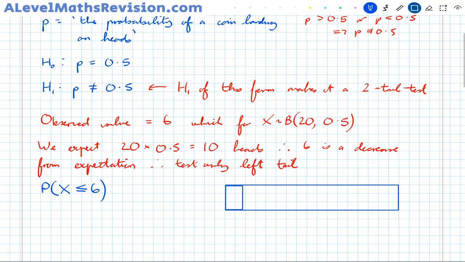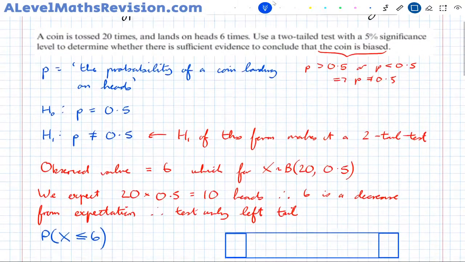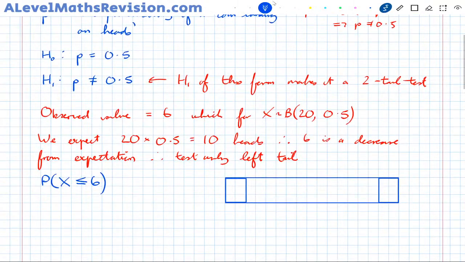When it's a two-tail test, we split the significance level equally between the two tails. So instead of 5% now, we're putting 2.5% in each tail.